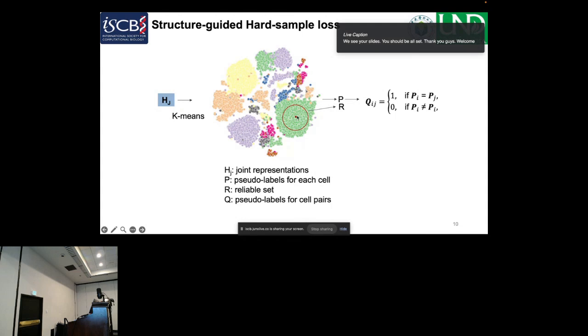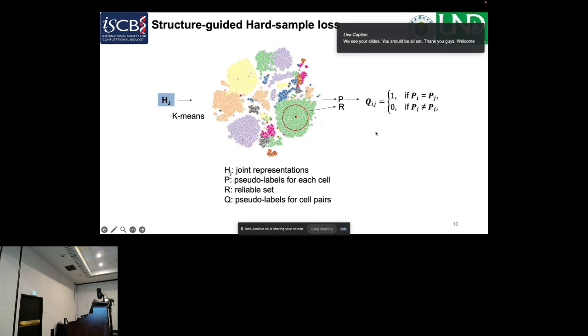And then we calculate the distance of each cell to a cluster center, and the top n samples close to the center are selected as a reliable set because their classification is more certain. So for each cell pair, if they have the same pseudo-label, for example, both belong to cluster 1, this indicates a positive pair, and otherwise we denote them as a negative pair.